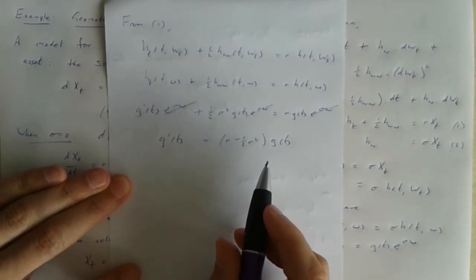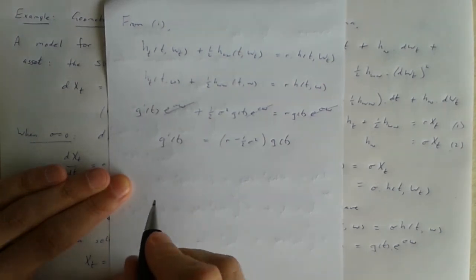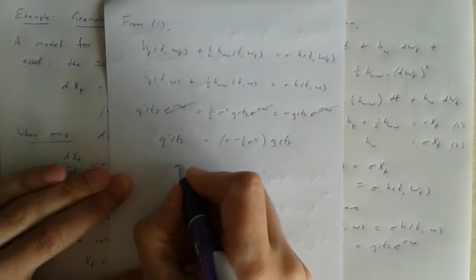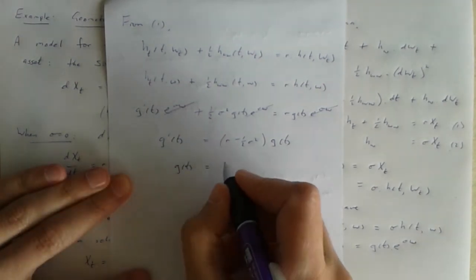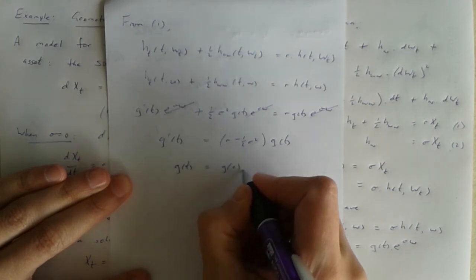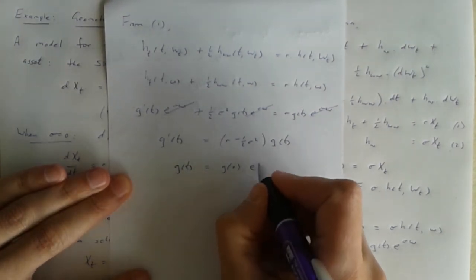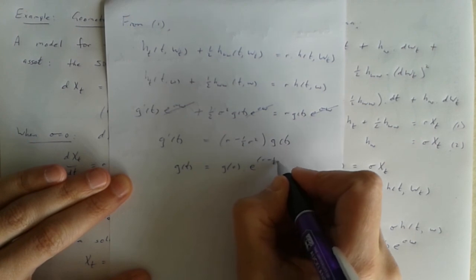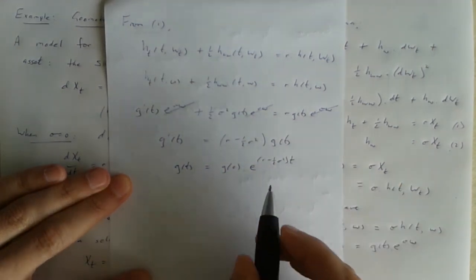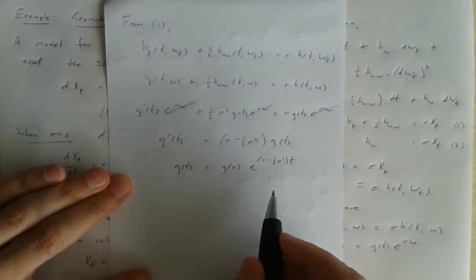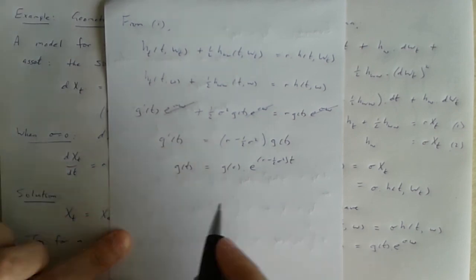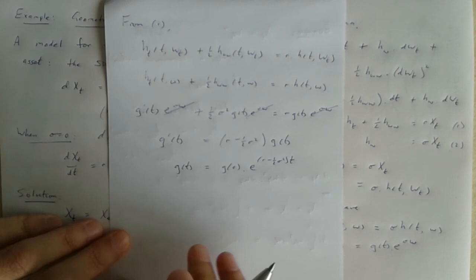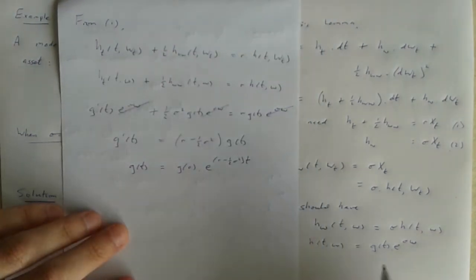Alright, well we know this one. This is just the basic exponential differential equation again. It means that g of t is whatever it was to start with times e to the power of that times t, that constant. And therefore, putting it all together, what's h?